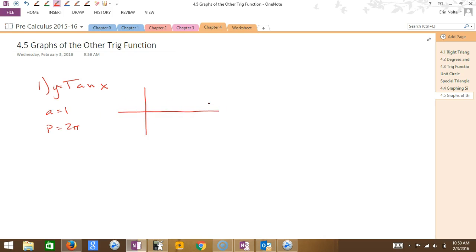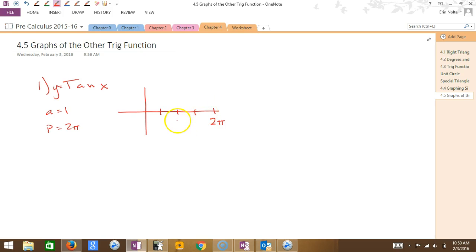cosine. So I draw my little axes, I draw 4 increments. 1, 2, 3, 4. Then I'm going to label the 4th one what? 2 pi, so whatever the period is. And then I'm going to label all the way back to the first one.